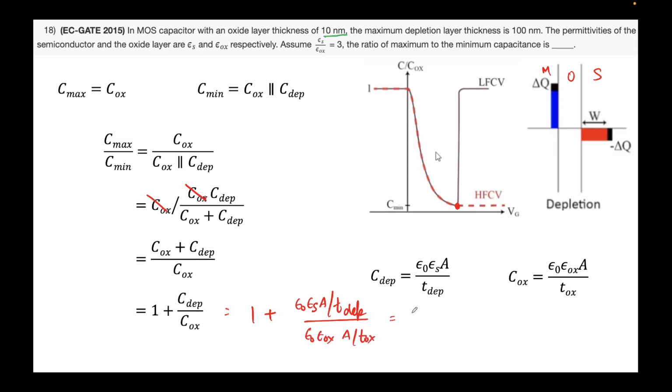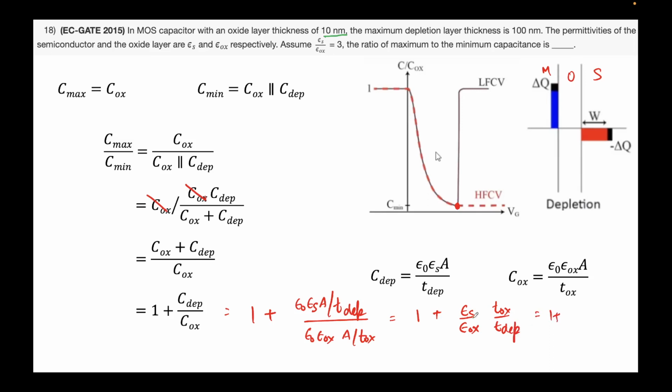The cross sectional area is same for both. Epsilon naught and A get cancelled, so what we are left with is 1 plus epsilon S over epsilon ox and Tox over T dep.